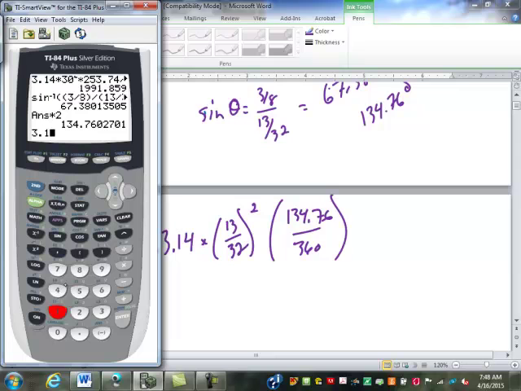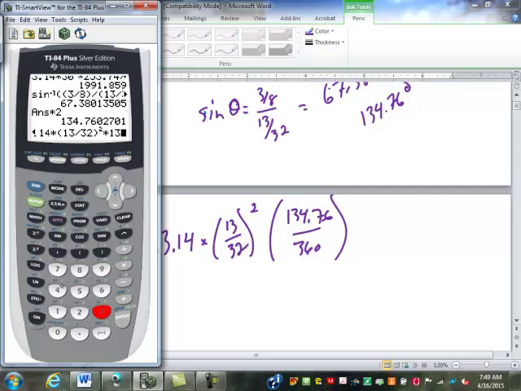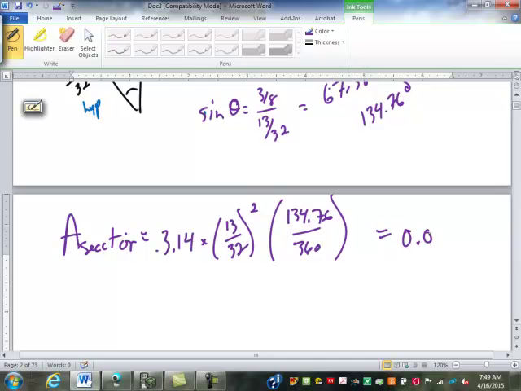So 3.14 times 13 divided by 32 squared times 134.76 divided by 360. 0.020 it looks like, huh? Inches squared. Look right?